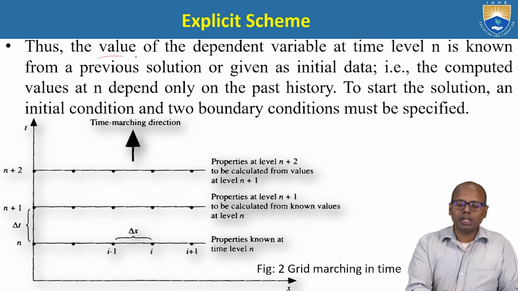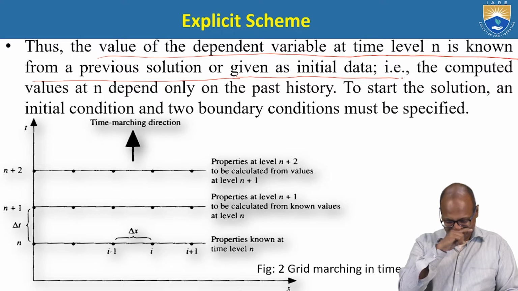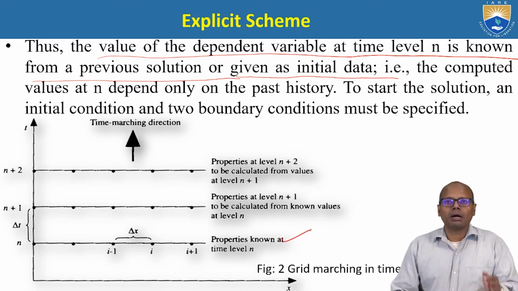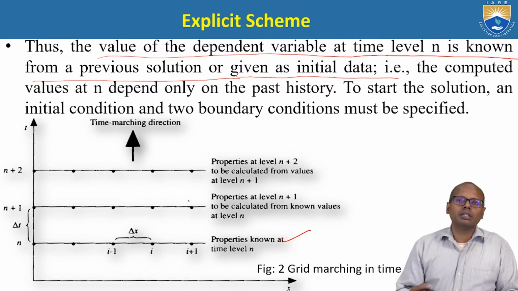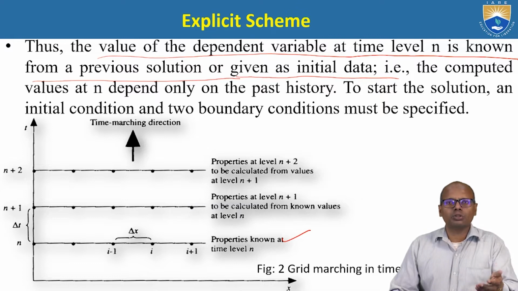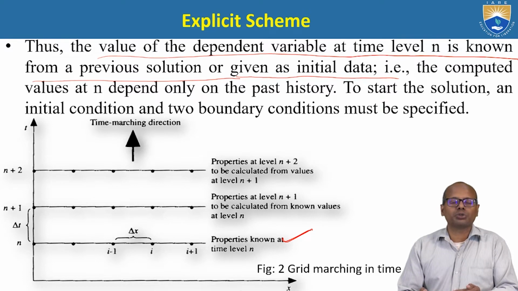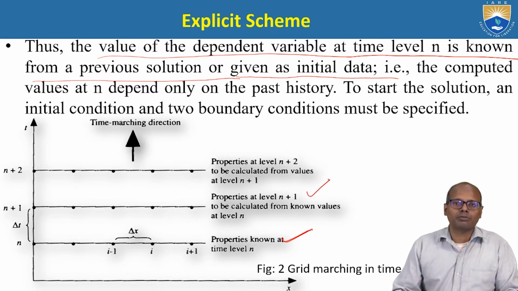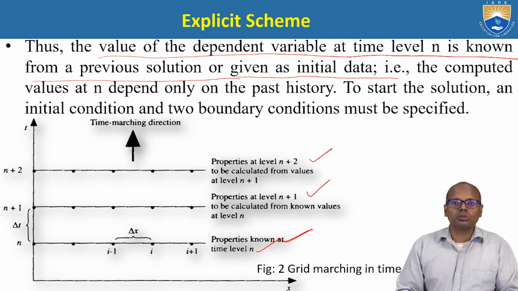Thus the values of the dependent variables at the known time level come from a previous solution or given initial data. So here the nth level can be the initial data or boundary conditions, and the n plus 1th term is the unknown. We have the nth level values from the given initial data or boundary conditions, and we find the n plus 1th level, and using that we find the n plus 2 level terms.